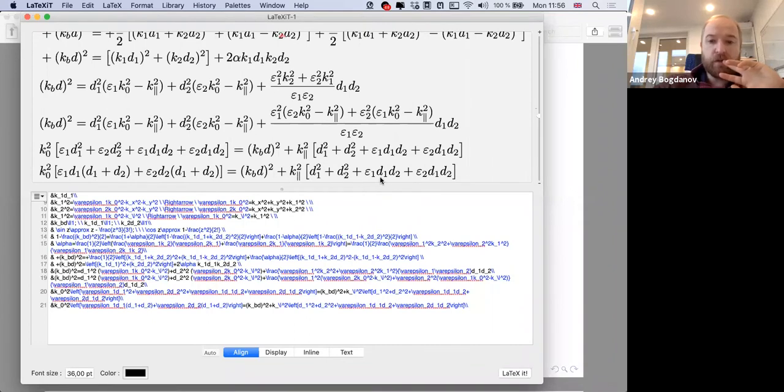And here also, I can do a very similar thing in the last bracket. D1 is a common factor here. Let me rewrite this. So here it's like epsilon 1 d1 plus epsilon 2 d2.